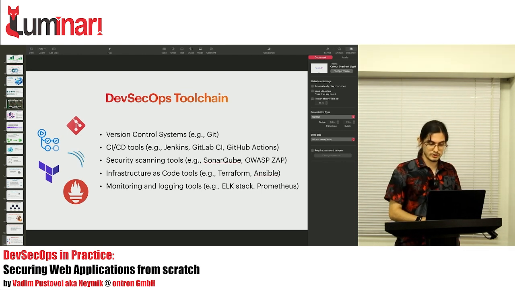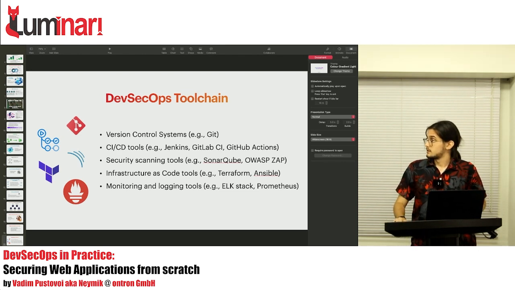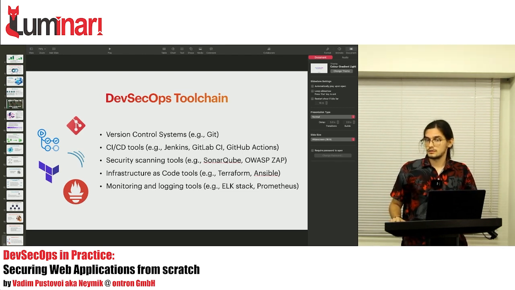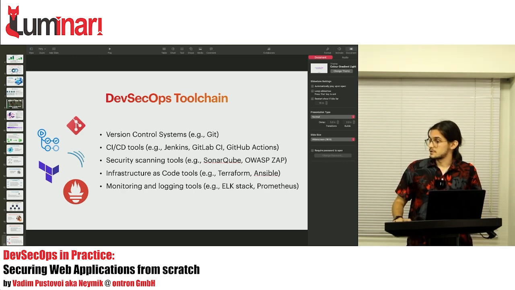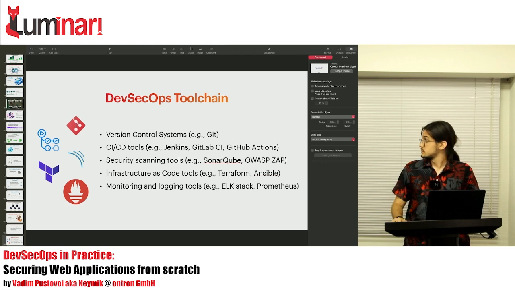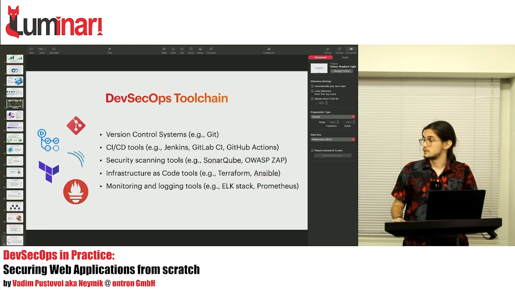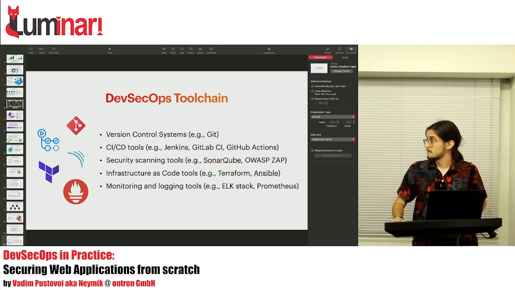DevSecOps toolchain. There are some tools you could use for general DevSecOps implementation. It is, of course, Git and GitHub Actions, which I think a lot of us use on a daily basis.